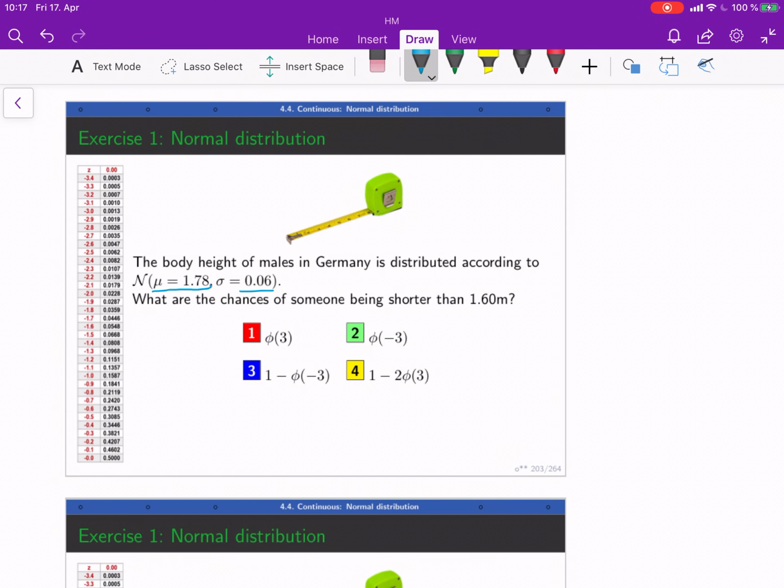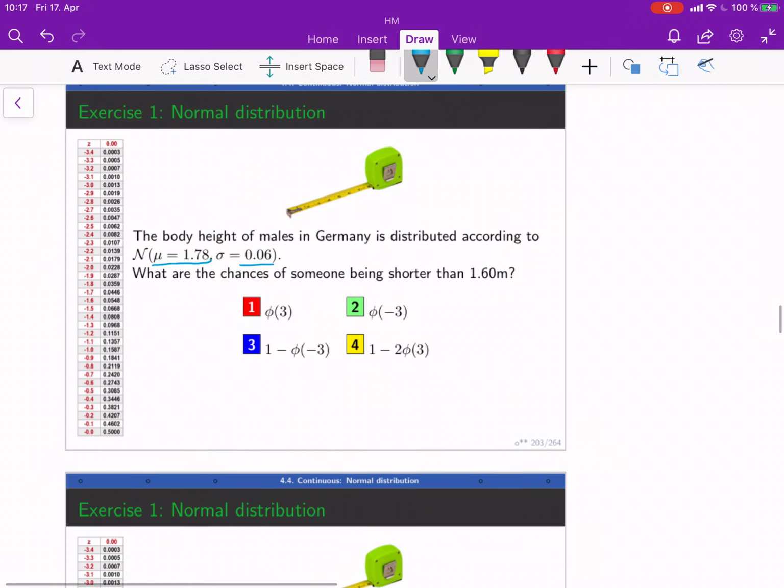I've given you 4 possible ways of calculating this. Which one gives you the right answer without needing the table? And then in the second step, you can look it up in the table here on the left and find out what the exact value is.